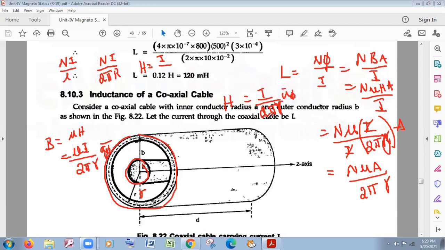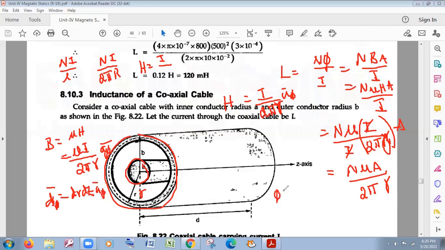The differential surface along the phi direction is dr dz into A phi bar. Got it, my students?